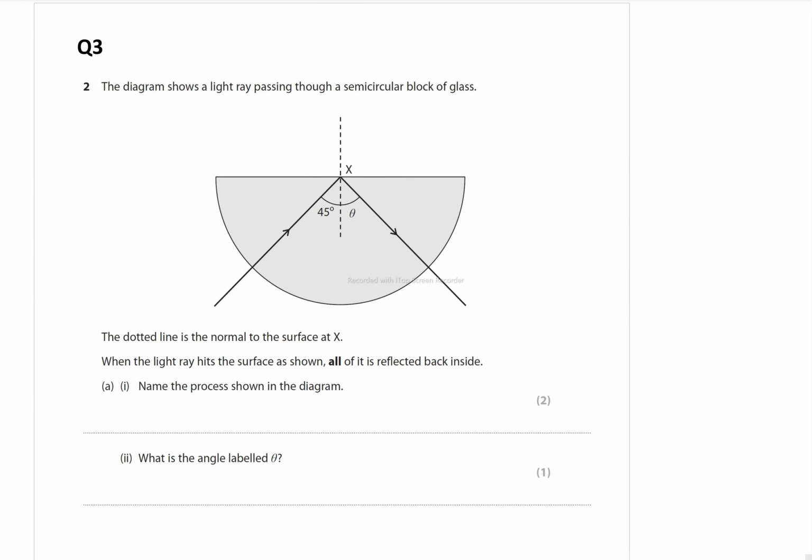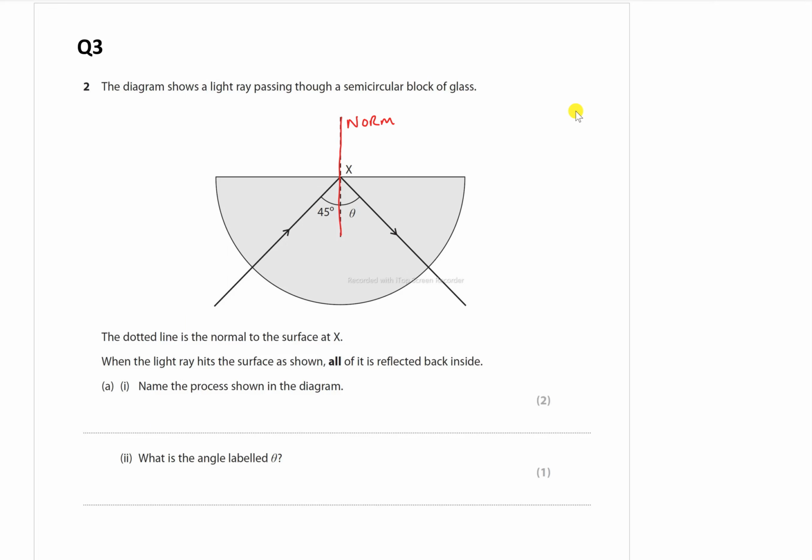Question number 3. The diagram shows a ray of light passing through a semicircular block. Have you noticed it's gone that way and it's reflected back? Yeah. The dotted line is the normal, so this line is a normal.